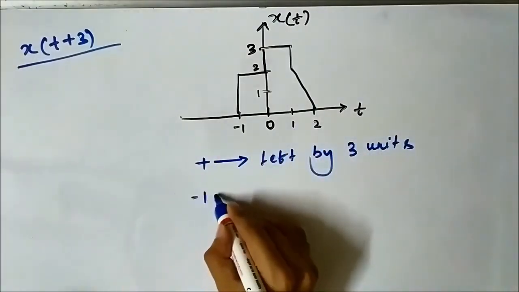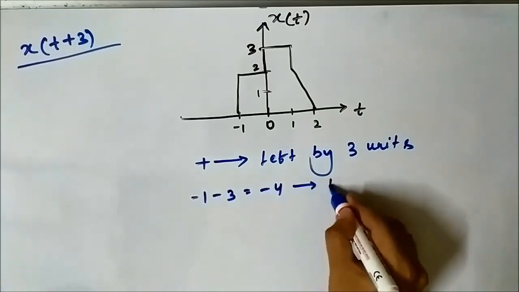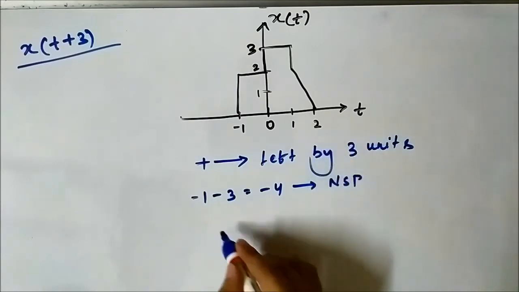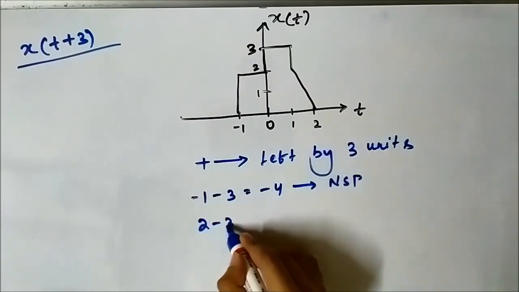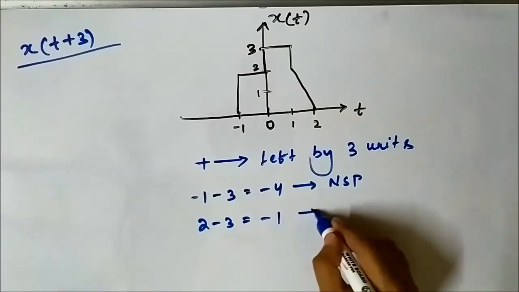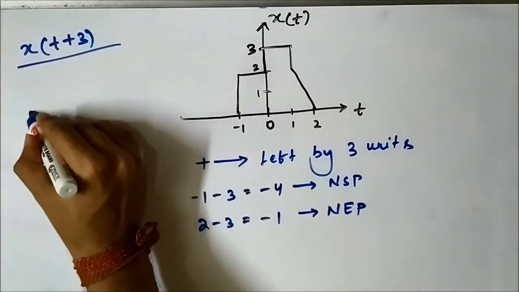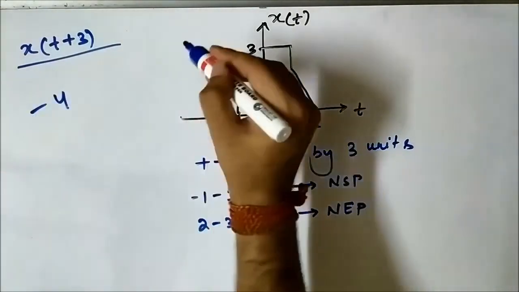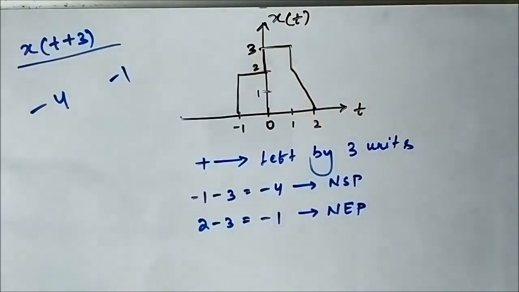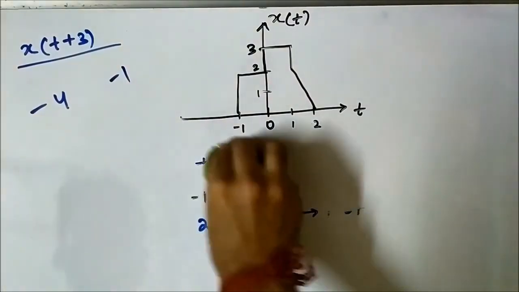So -1 minus 3, -4 is the new starting point, and 2 minus 3, which is -1, is the new ending point. So -4 and -1. The shape of the signal will stay the same, the amplitude the same, but just the starting and the ending point will change.